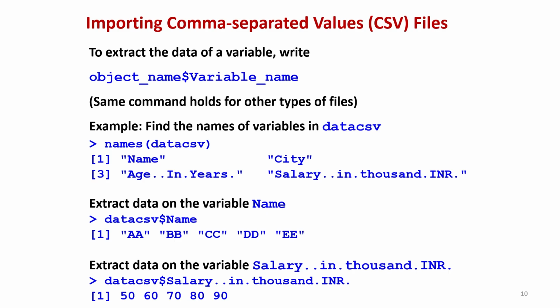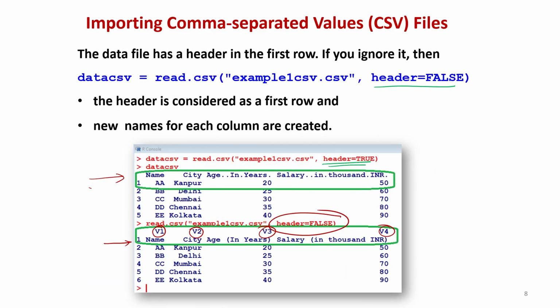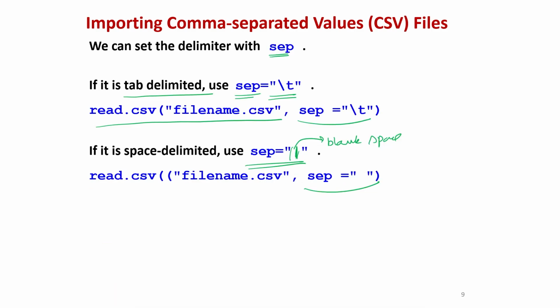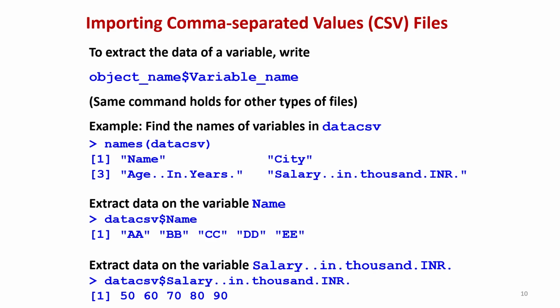The second issue which comes up is that many times when we are reading a file which has different columns in which different data sets are contained, we want to call a particular column to extract a particular set of data. For example, in this case I have different columns: names, city, age, salary, etc. And suppose I want to extract the data only of this column, then how to do it?